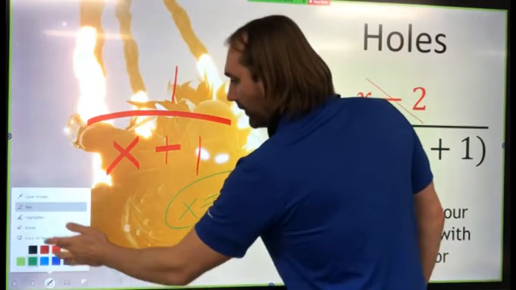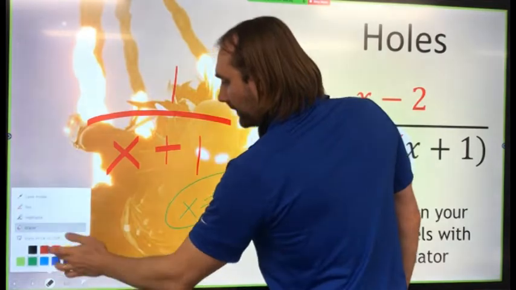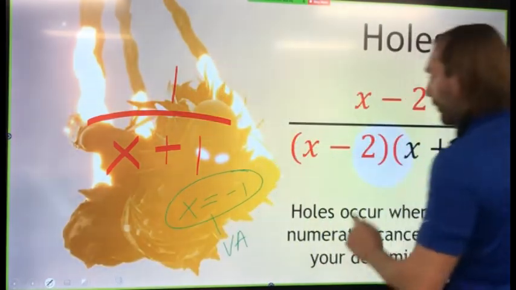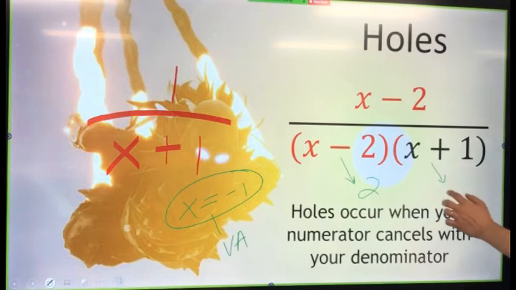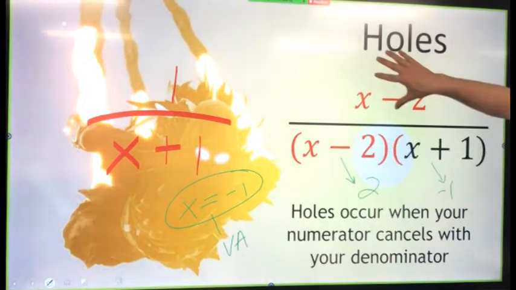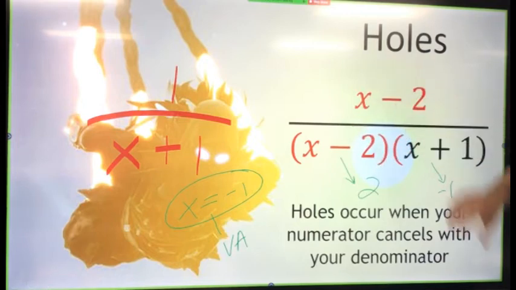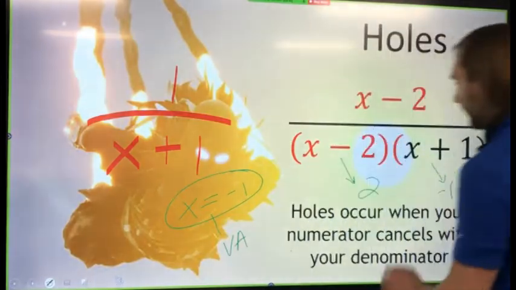So before I simplify, if I choose to, let me label what makes each of these terms 0. So x minus 2, what would make that 0? 2. X plus 1, what would make that 0? Minus 1. Now, if you find that one of your terms here that made you a 0 cancels out or simplifies with the term on top, that's what shows up as a hole.